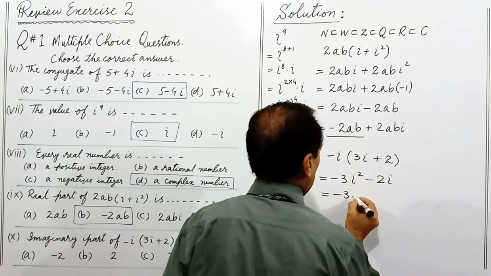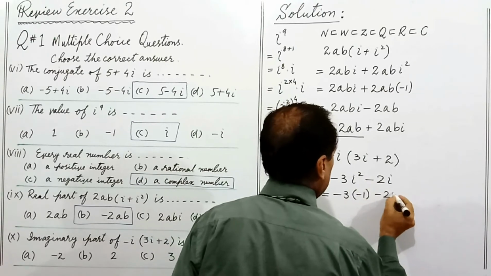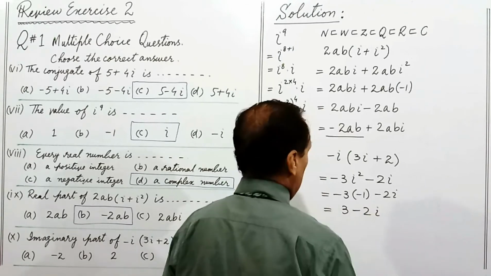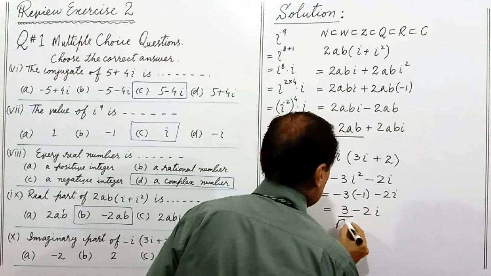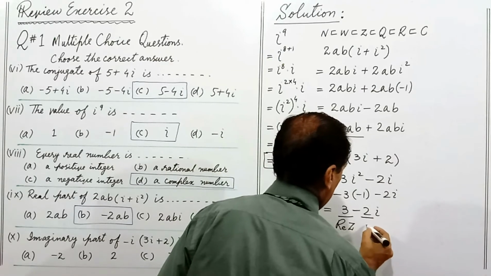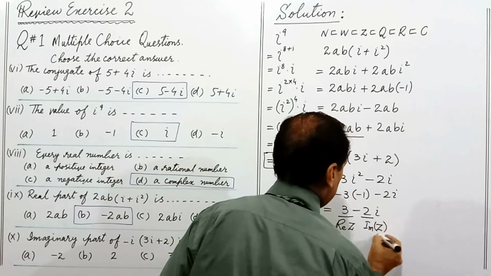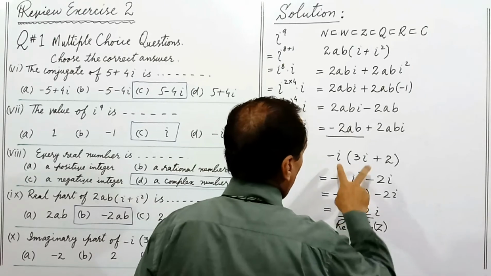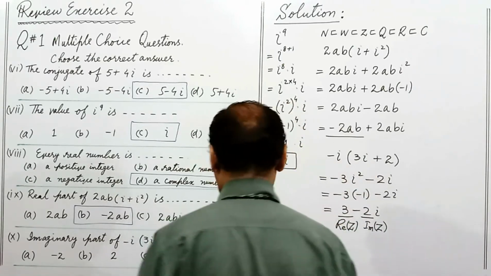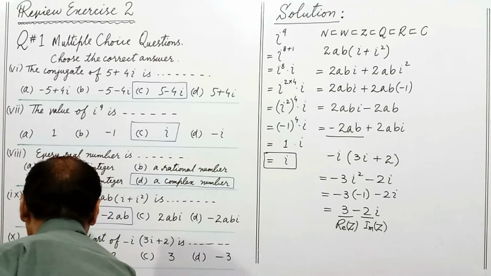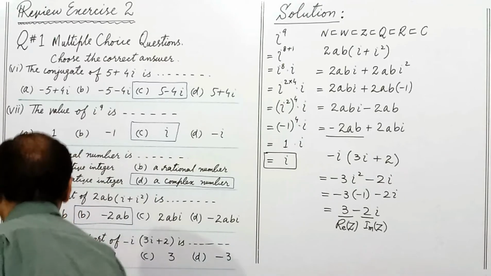Minus 3, we put the value of iota square, that is -1, minus 2 iota, and we have 3 minus 2 iota. And we know that one is the real part of z, whereas this one is the imaginary part of z. It means -2 is the imaginary part for this. So we mark the right answer for this part, and that is option A.